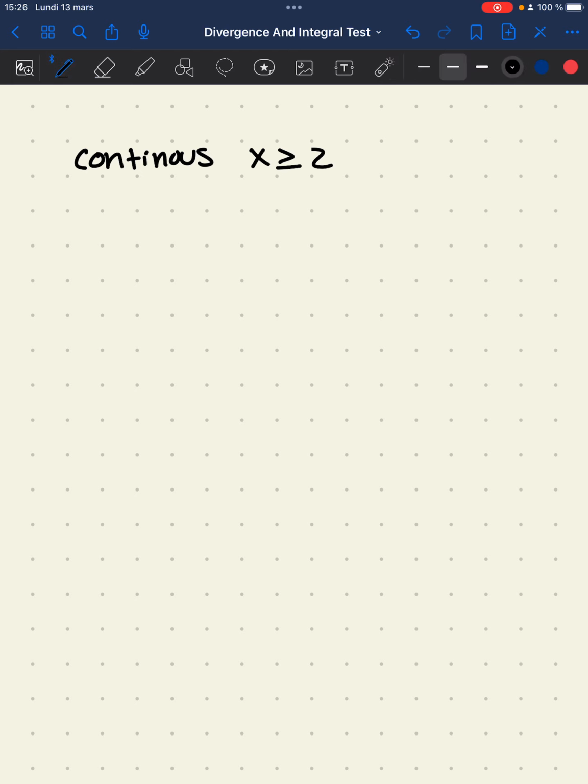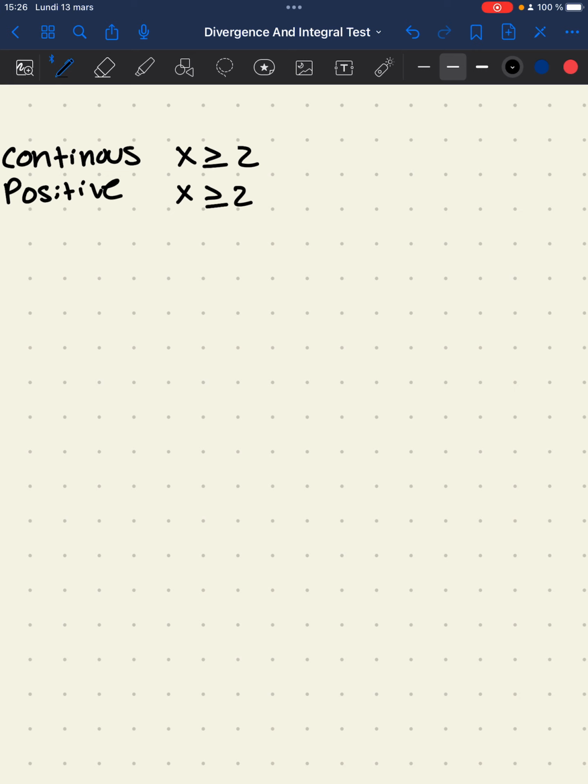The second requirement is that your function has to be positive throughout the interval. Let's just use the same example. If you were to use 2 minus 3, this becomes 3 over negative 1, which becomes negative 3. This cannot happen.